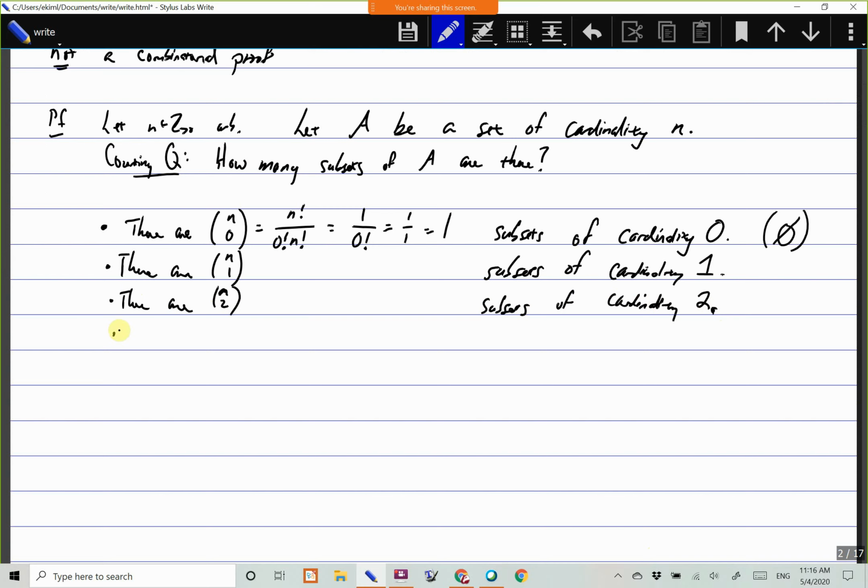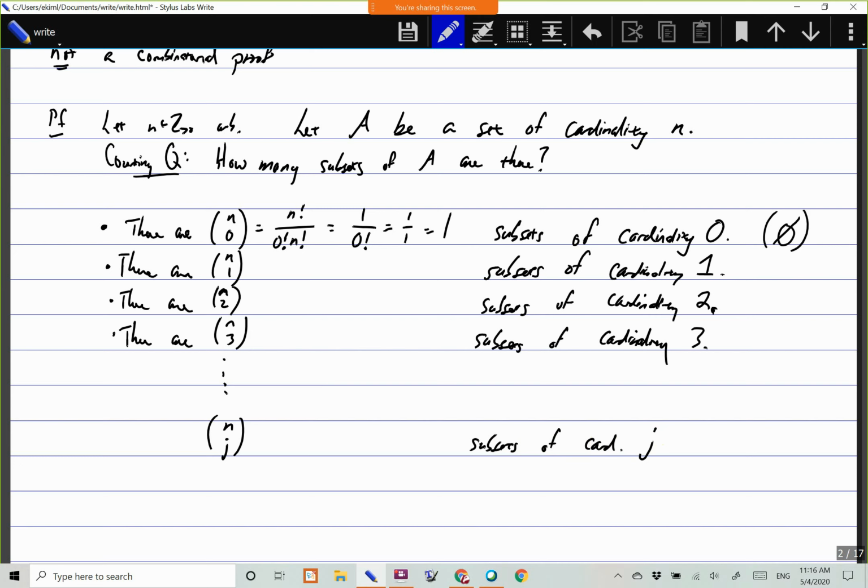Same deal, there are n choose 3 subsets of A whose cardinality is 3, and so on and so forth. We just keep going like this. There are n choose j subsets of cardinality j.